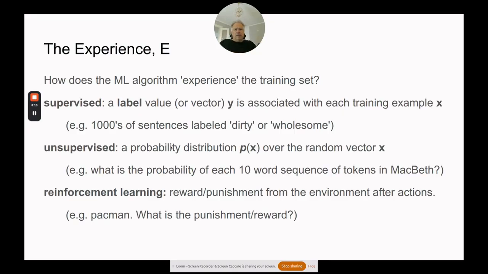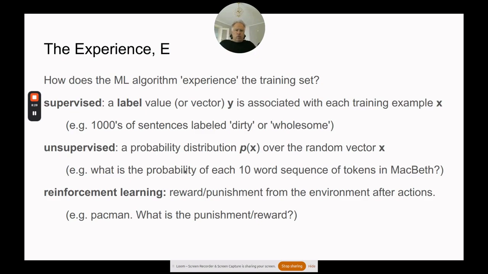And then each of those can be an experience. Okay, here's another sentence in Macbeth. Here's another sentence. And from that, you can build up a probability distribution of the likelihood of sentences in Macbeth. So you build a giant probability distribution.